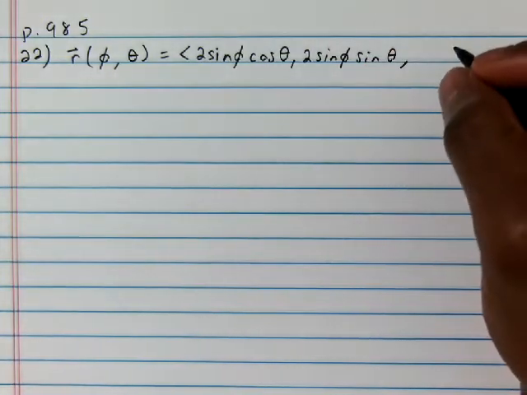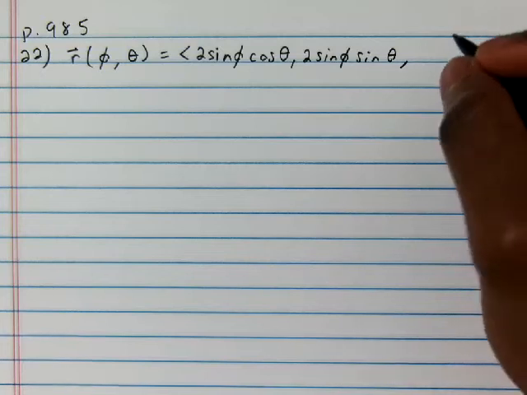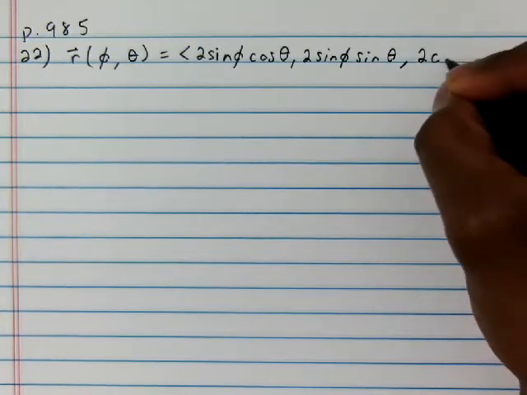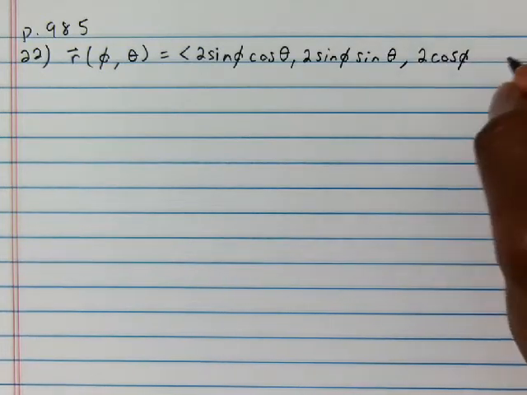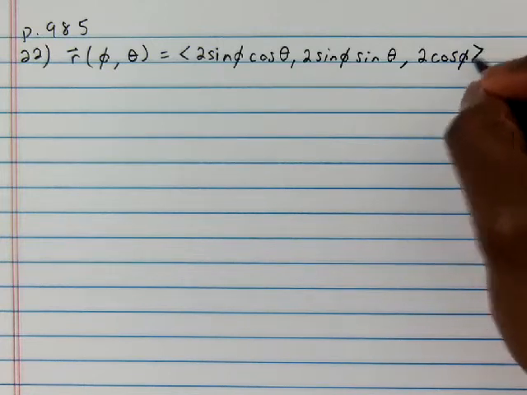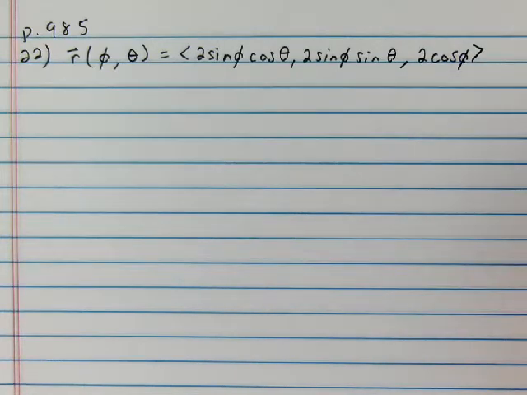And the k component is 2 cosine phi. All right, so they give us that, and they say that it lies above the plane z equals 1. So it's the portion of that which lies above the plane z equals 1.